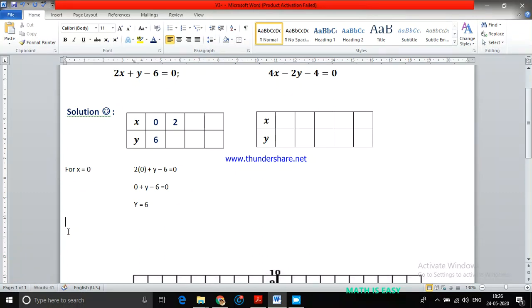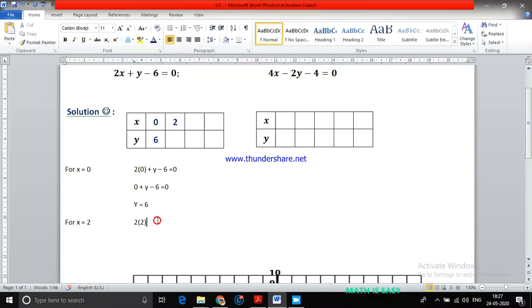My next condition is x equals 2. For x equals 2, what is the equation? I am substituting x equals 2 in the first equation.